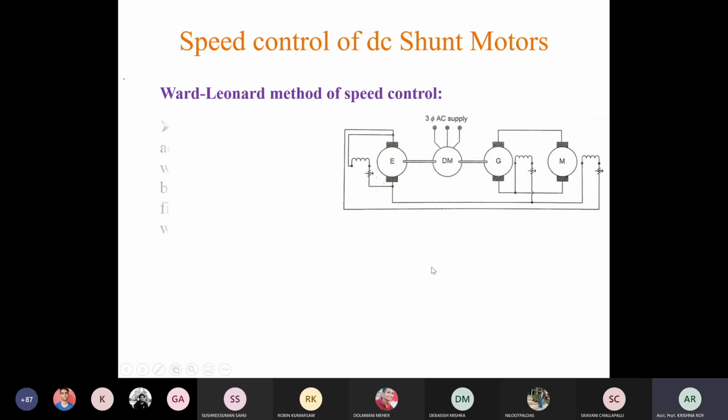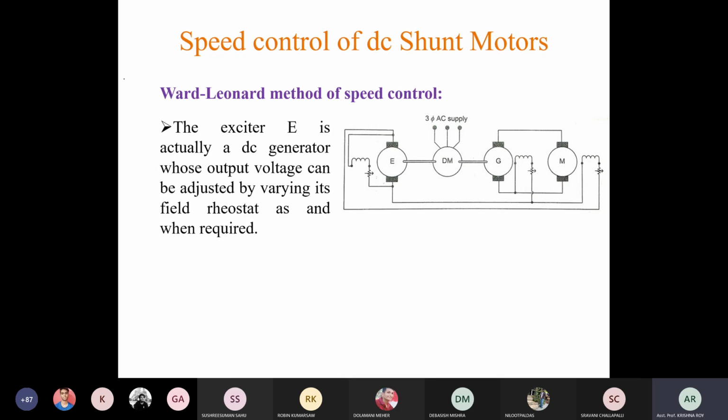So now how will the speed of this motor be controlled? First of all, let us consider we are going to control or vary the speed below rated speed. Then simply we will control this voltage only.